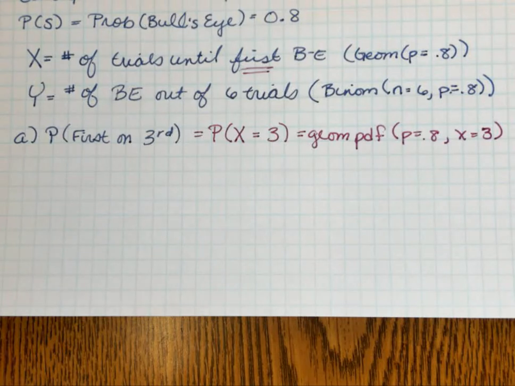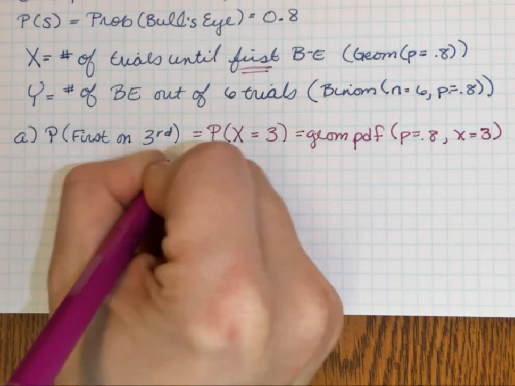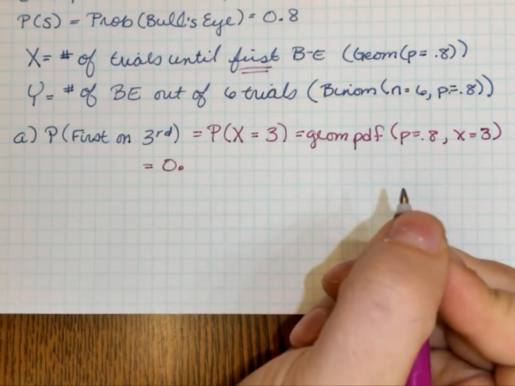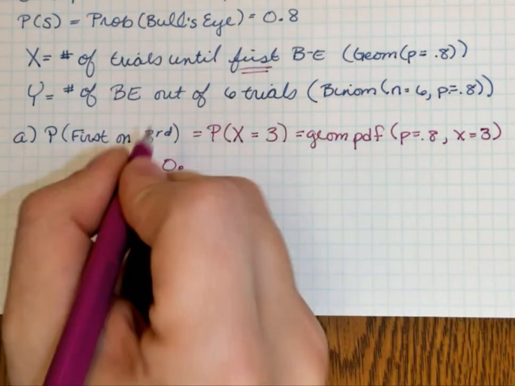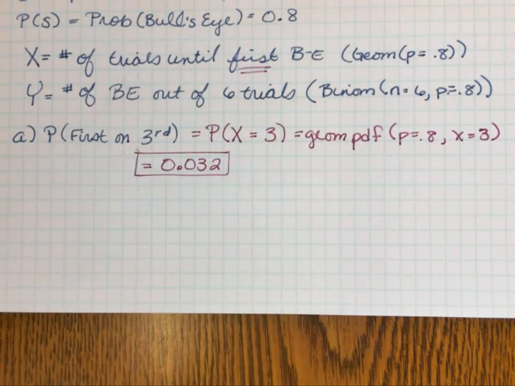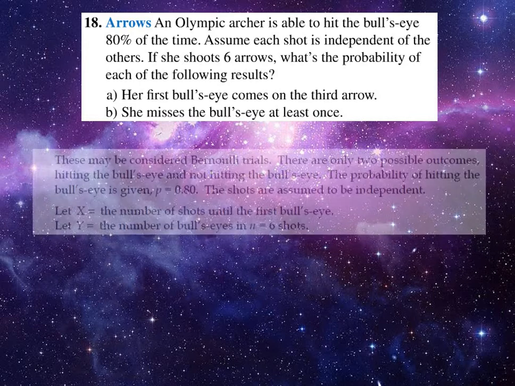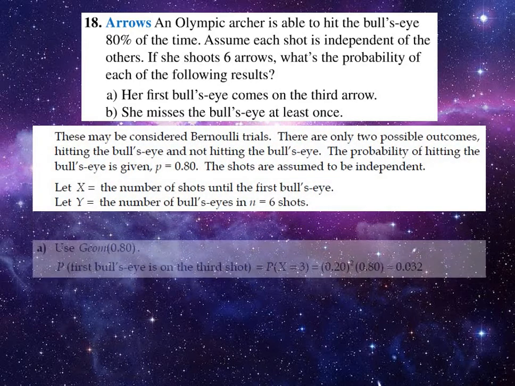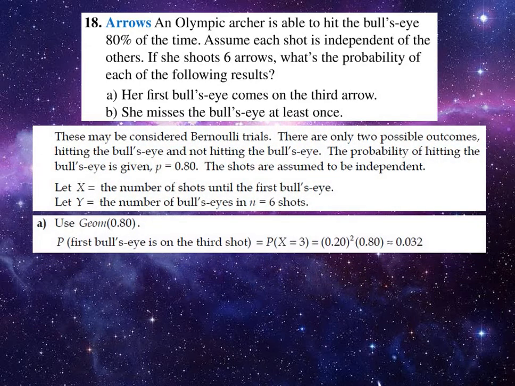Okay, what do you get? 0.032. Okay, good. See if we agreed. Even that's what they're doing here, 0.032. And I don't care if you wrote out the formula.